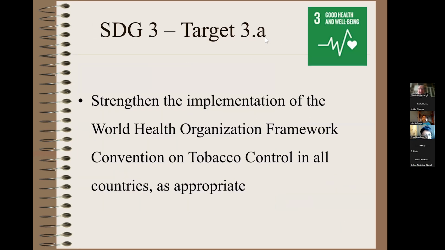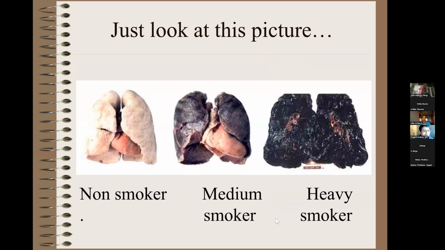Now let's go quickly to the targets. Target 3A: strengthen the implementation of the World Health Organization framework convention on tobacco control. Well, I'm not sure how many among you are smokers. I just offer you this picture.